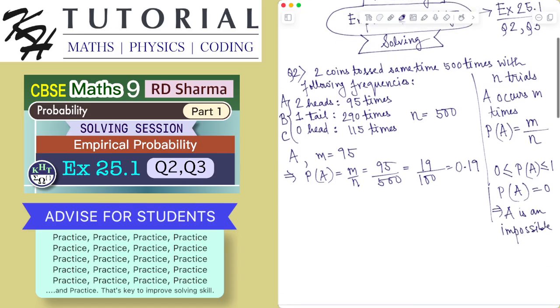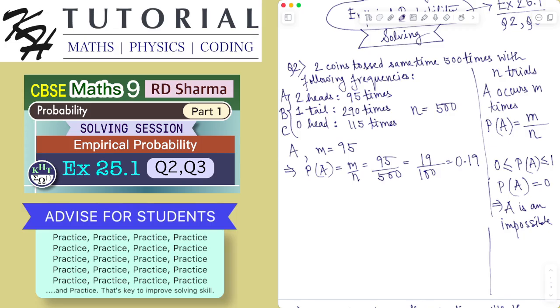And if the probability of an event A is 1, this implies that A is a certain event. That is, in every trial of the experiment, the event A will always occur.